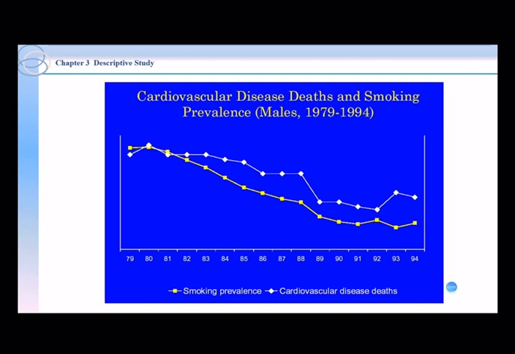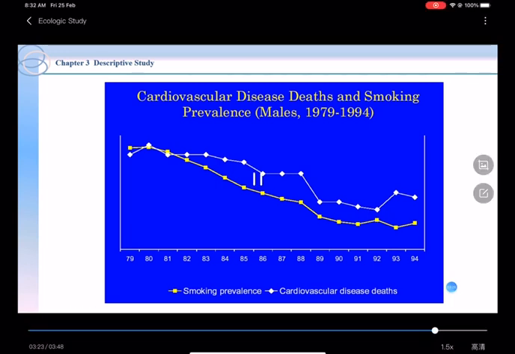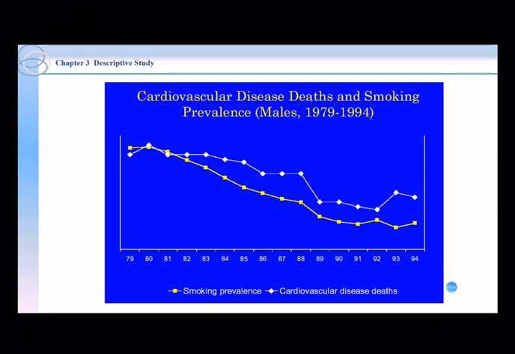As we can see, the smoking prevalence is decreasing, as are the white lines, which indicate the cardiovascular disease deaths. So these figures give us a clue that when smoking prevalence decreases, the cardiovascular disease deaths also decrease. So this indicates that there is a potential positive association between the smoking prevalence and the cardiovascular disease deaths.